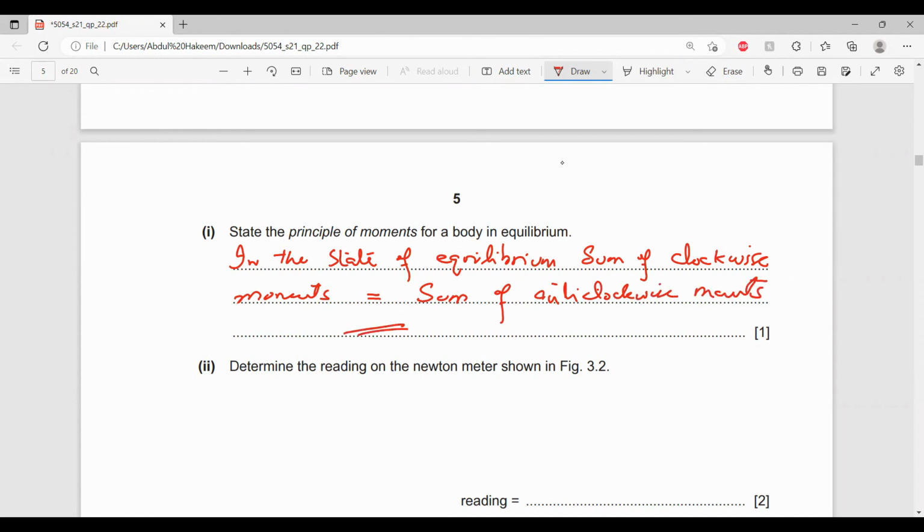This is the answer. Sometimes we miss this portion. So this is very important. Otherwise, no mark. If we simply write sum of the clockwise moments is equal to sum of, no mark, correct. So do mention the state of the equilibrium, otherwise no mark.